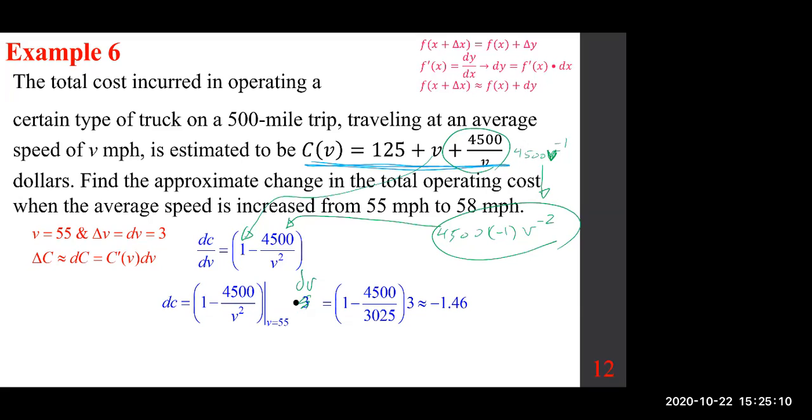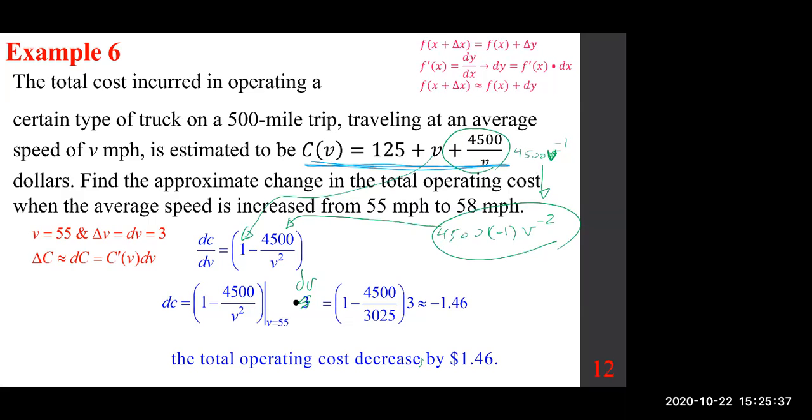The total operating cost decreases by this much. The total operating cost as a result decreases, class. And so that's important to see. It decreases by this much.